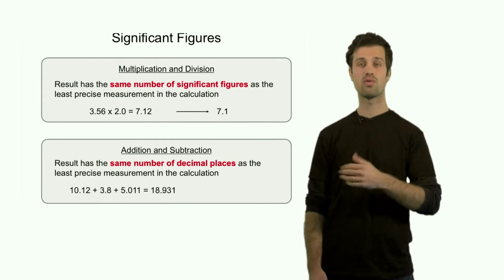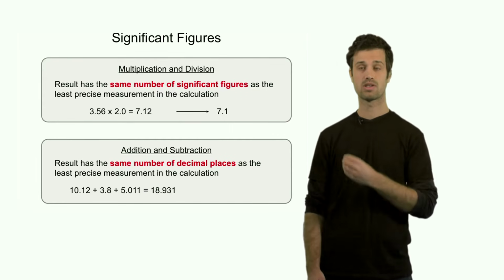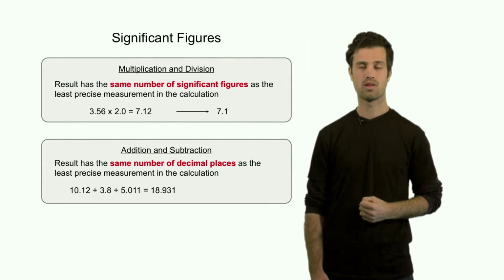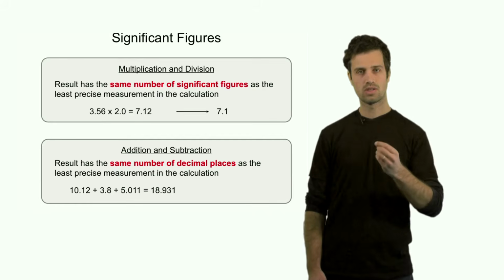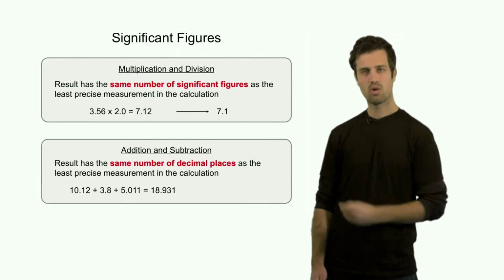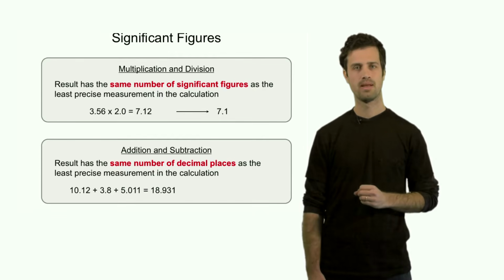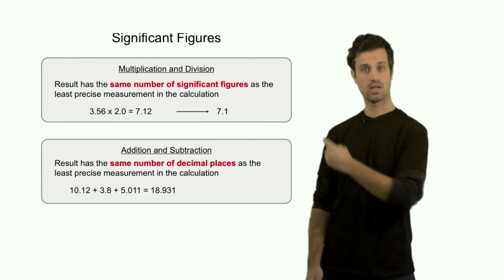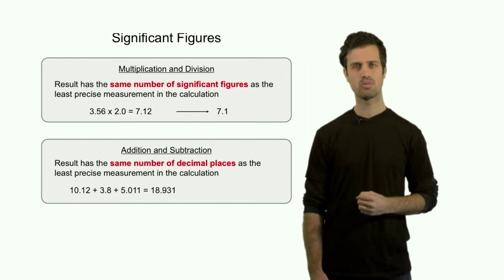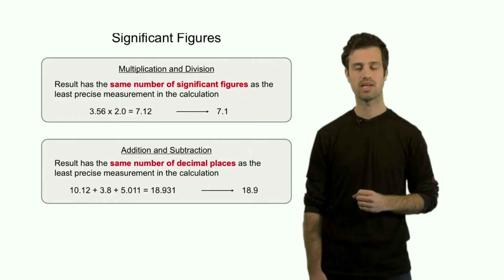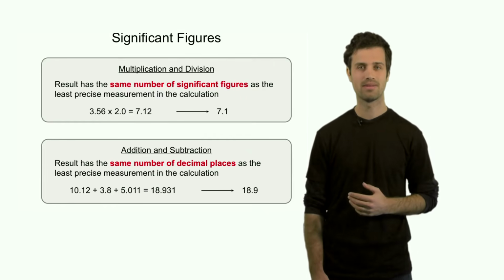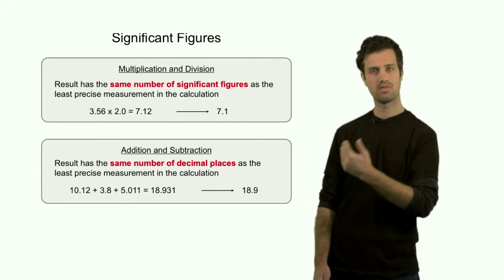The first one has 4, the second one has 2, and the third one has 4. The second number here, 3.8, only has one decimal place. That means that the answer here given by your calculator should also be expressed as a number that only has one decimal place. So in this case, the correct answer should be written as 18.9. So I have to remove a couple of digits here.